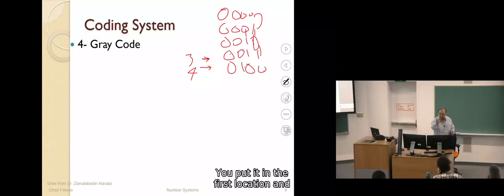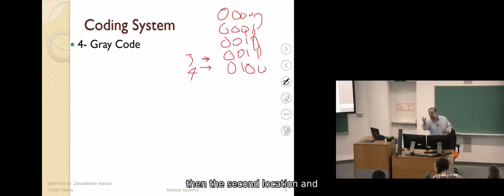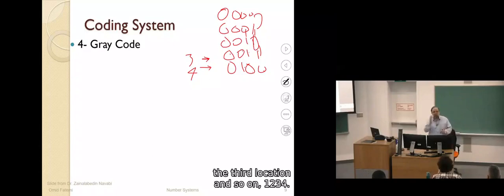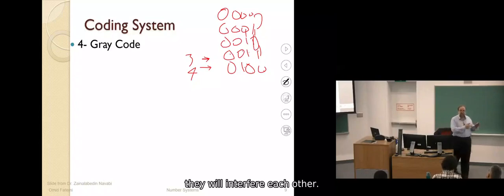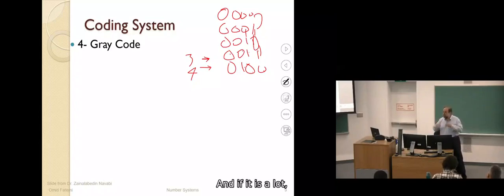You put it in the first location, then the second location, and the third location, and so on: 1, 2, 3, 4. When you do this, in the electric circuit, if we have lots of bit changes, 0 to 1, 1 to 0, 0 to 1, they will interfere with each other. And if it is a lot, it will interfere more.